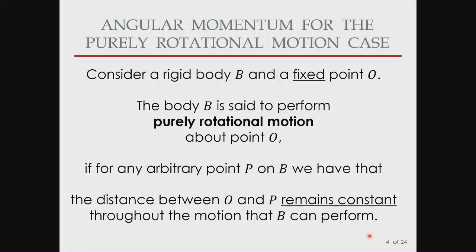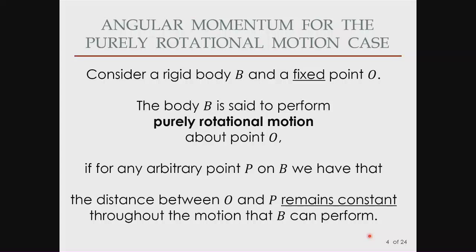So let's say if this is the rigid body, if it orbits this point O like this, can you see how its orientation is changing? Its orientation is changing so that every point remains with the same distance to point O as this moves, okay? So this would be purely rotational motion about this point O, which is then the center of rotation, all right?